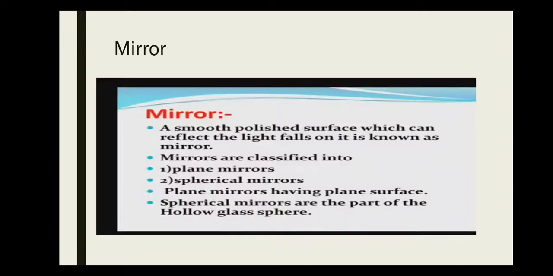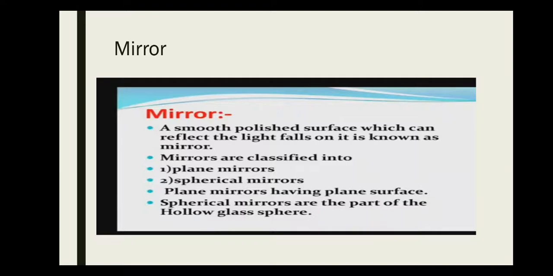After that, mirrors. We already know the types of mirrors from 7th class: plane mirror and spherical mirror. How many types are mirrors? Two types, plane mirrors and spherical mirrors. What is the definition of a mirror?